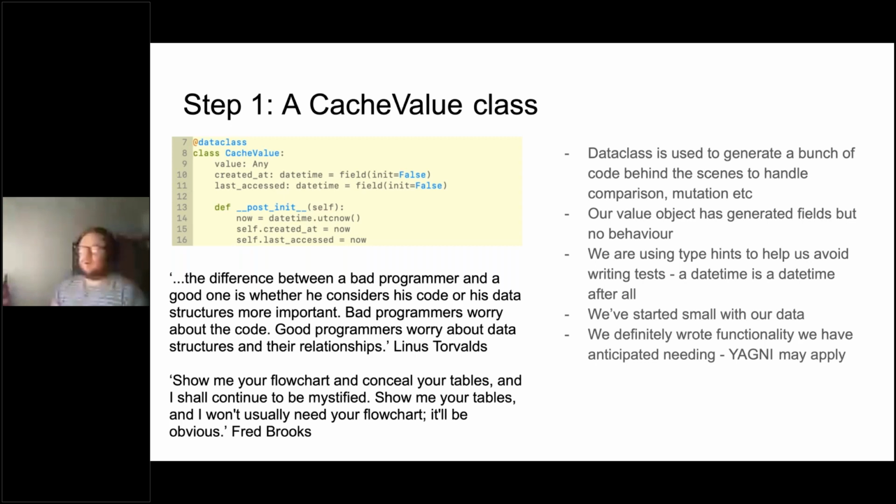I've got this inflammatory quote by Linus Torvalds, who, you know, inflammatory quotes, Linus Torvalds goes together, where he basically says you're bad if you don't care about your data more than you care about your code. I think there's some truth in this. I mean, there is some truth in this, to be honest with you.